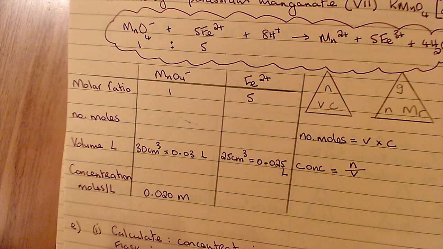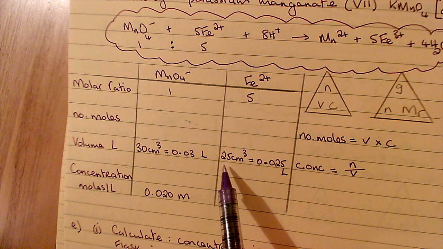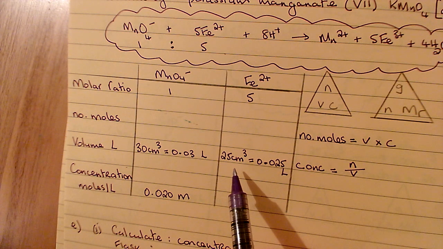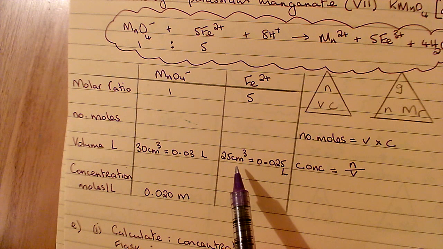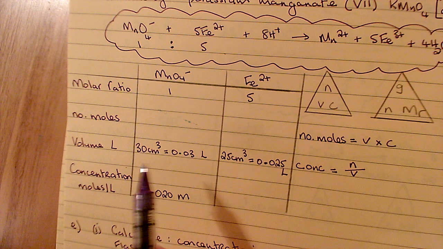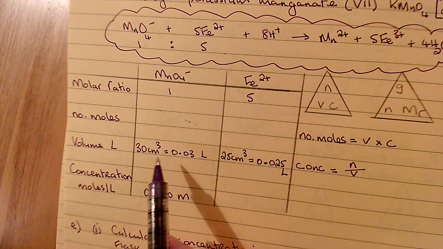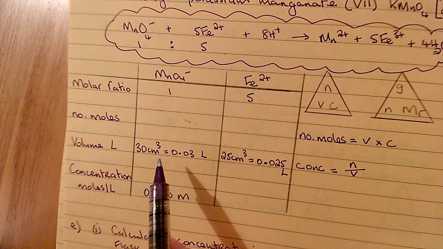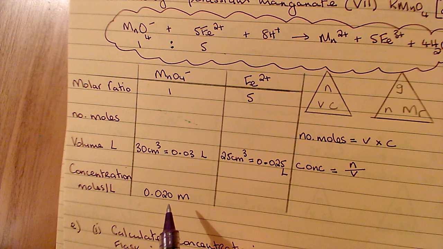We're told that when we titrated exactly 25.0 cm³ volumes of our iron, that's our volume of iron, we used 30 cm³ of the permanganate solution, and the permanganate solution had the concentration 0.02 molar. Let's write in what we have.